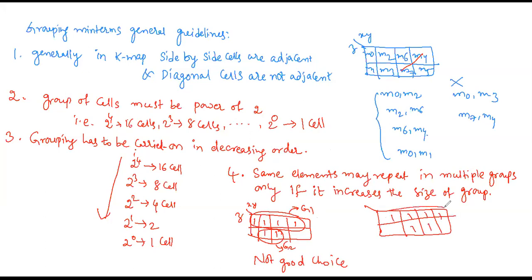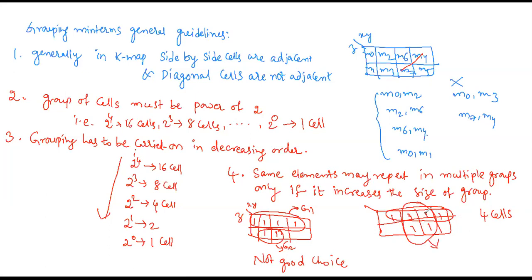Okay, this is one group. If you take the help of the above 2 minterms, you can form one large group. You can form 4 cells as a group instead of 2 cells as a group. So the same elements may repeat.